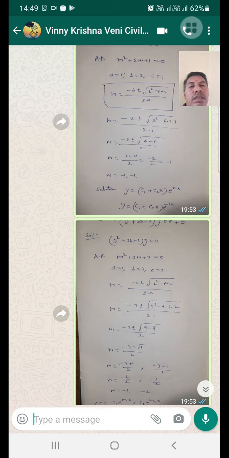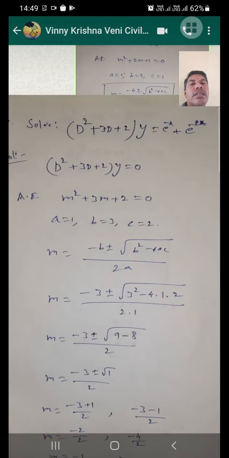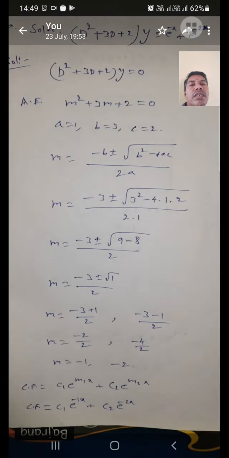So PI equals e power minus x plus e power minus 2x by D square plus 3D plus 2, and in place of D we have to substitute minus 1. That is PI, I will tell you later. But for this we have up to half of the solution, that is up to the complementary function, and I will tell you how to find this PI also.